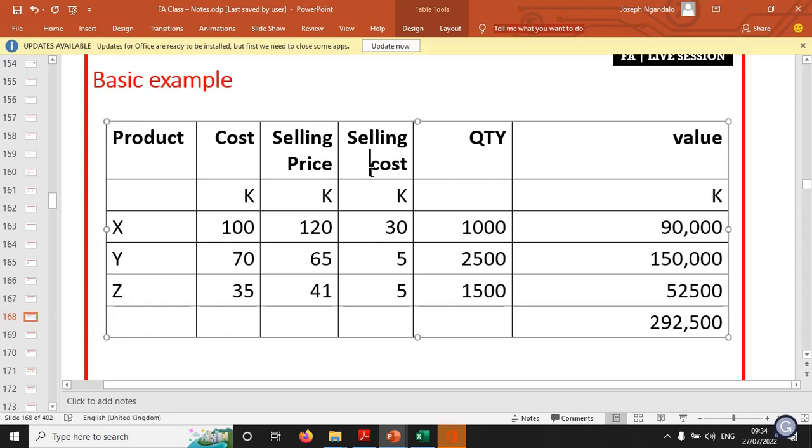What is the cost? 70, right? And what is the selling price? And what is the selling cost? So what is the NRV? NRV means what? Selling price less what? Cost. Do you understand? Net means there was a subtraction.